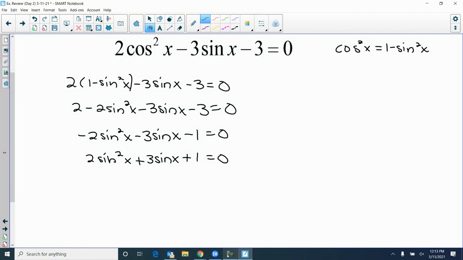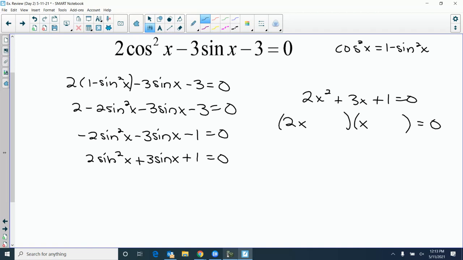Now we got to factor it, and just think about that. This is just no different than 2x squared plus 3x plus 1 equals 0. My first term will be 2x. My second term will be x. They got to multiply to get that 1, remember?